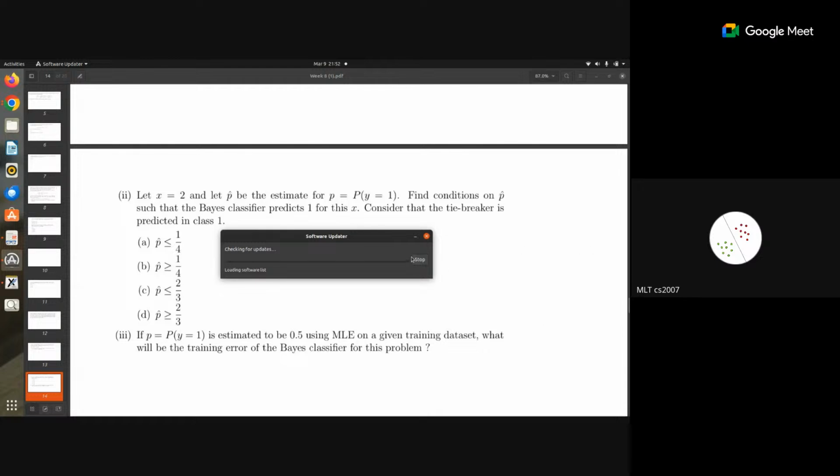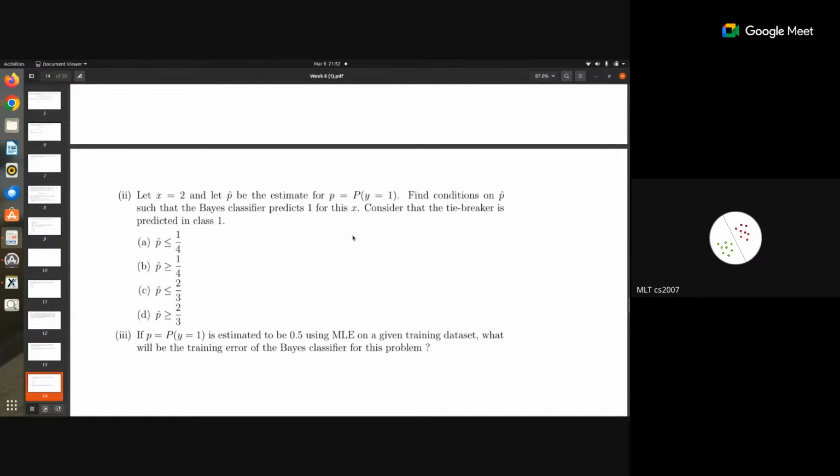Okay, so let x equal 2, and let p hat be the estimate for the probability of success for y equals 1, the class 1. Find conditions on p hat such that the Bayes classifier predicts 1 for this x. So that means you need to find out the decision boundary here.